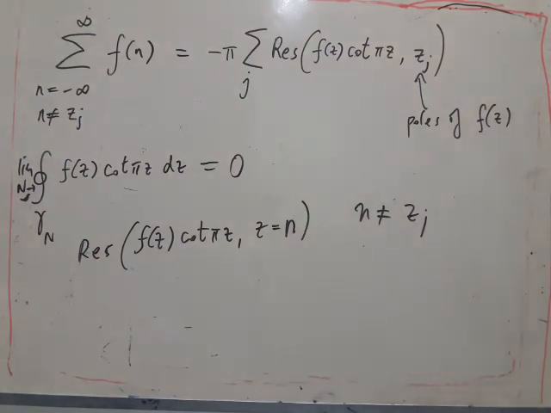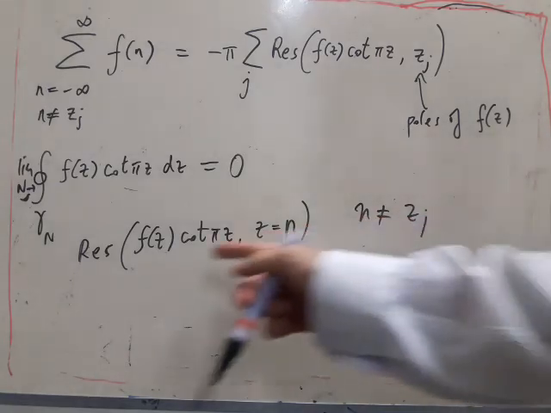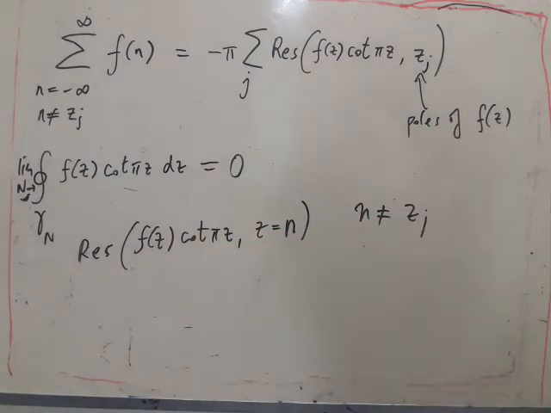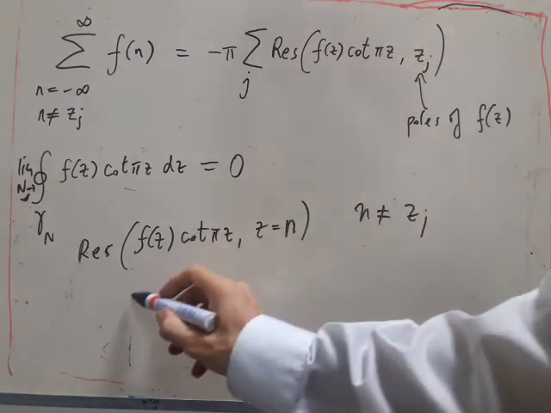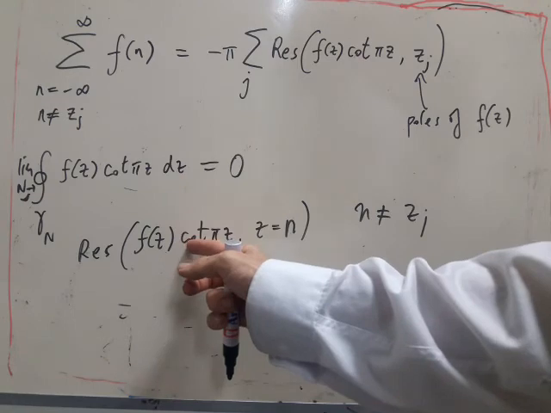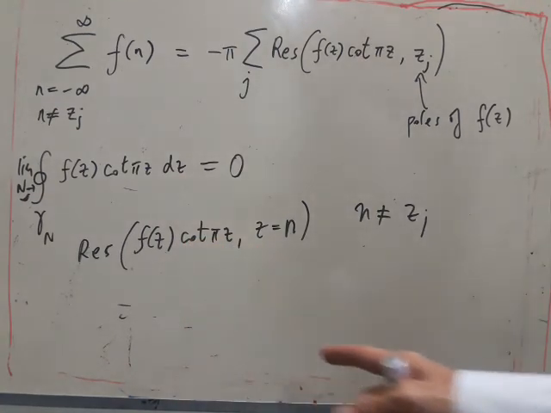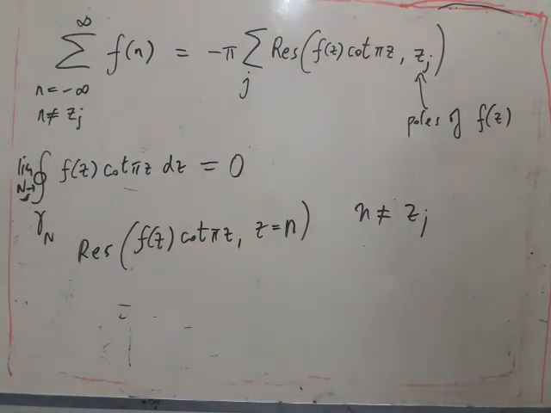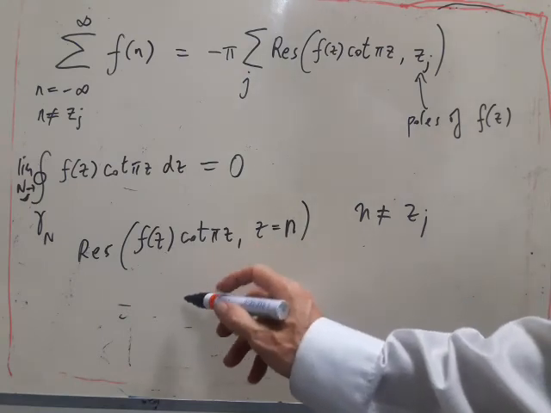If it were equal to one of the poles of f of z, then it would not be a simple pole anymore. Okay, so this is guaranteed to be a simple pole. So we can use the p over q thing again. So we've got cos over sine, differentiate the sine.